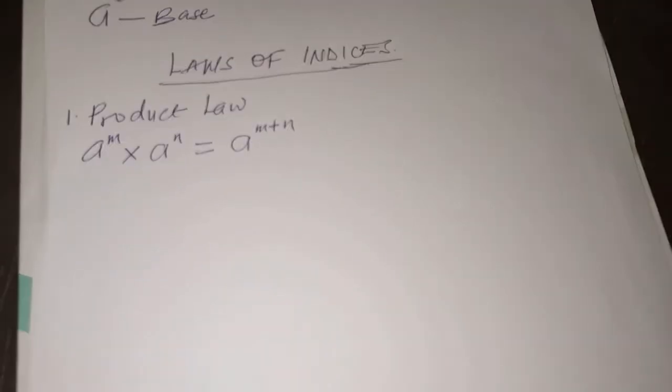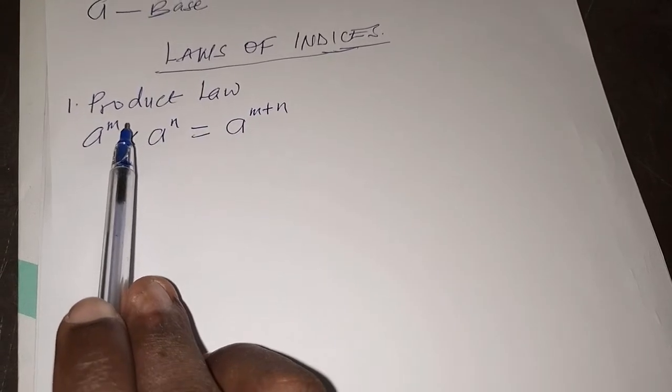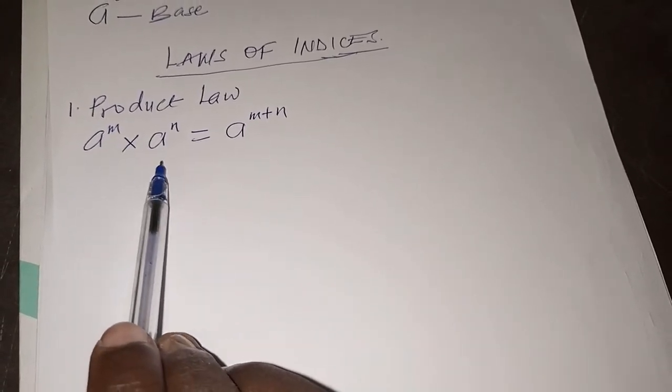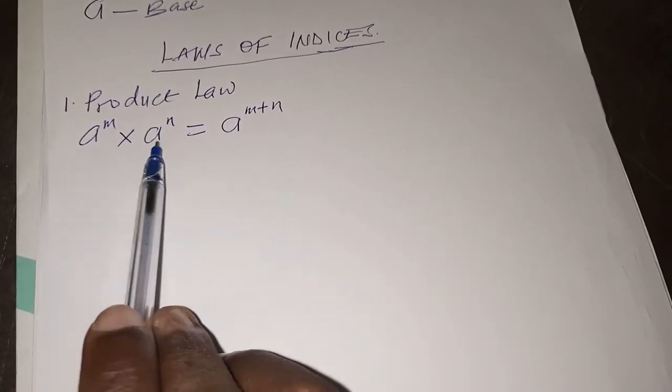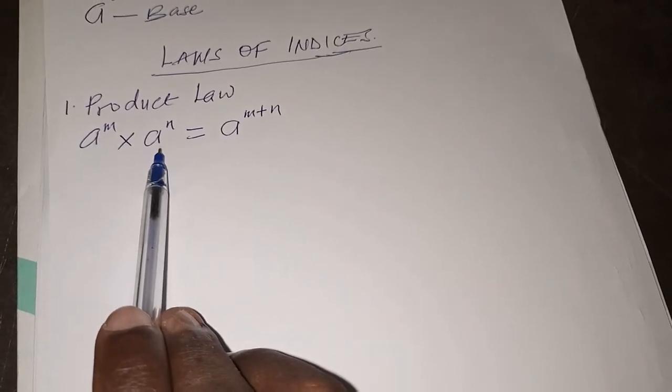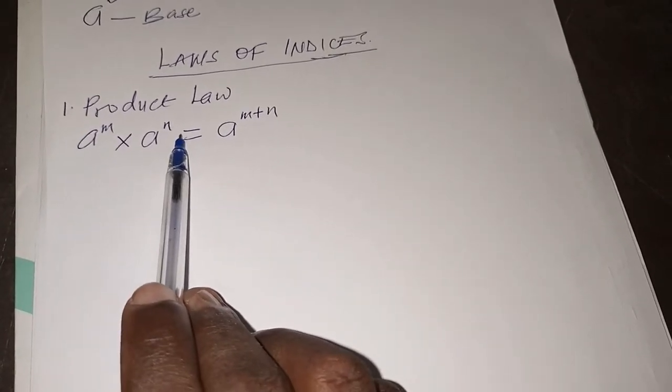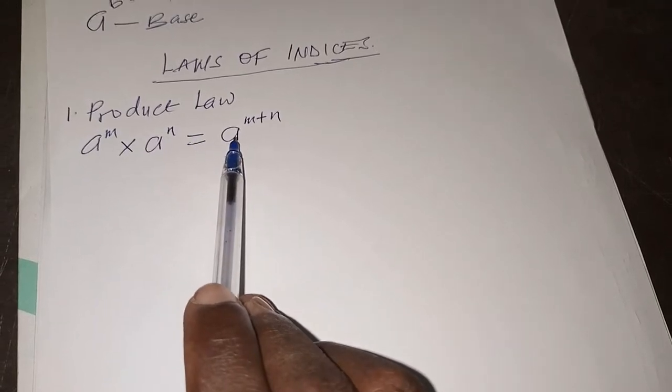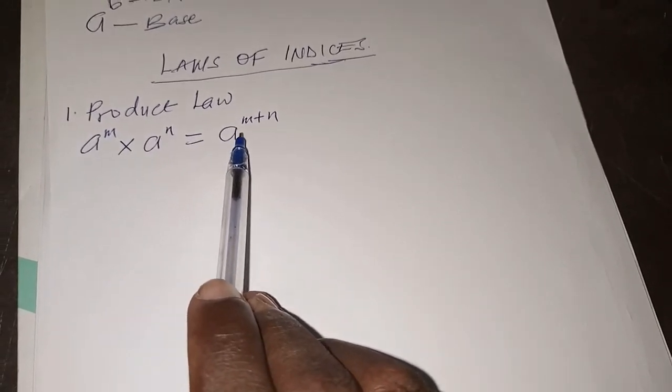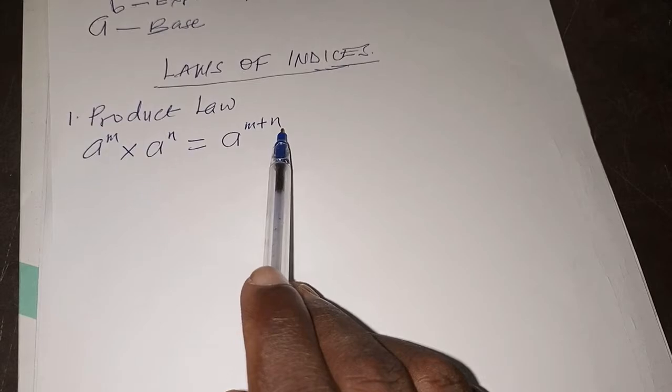This is what it means. It means that if you have a number carrying an exponent times the same number, remember A is here, the same A is here, the answer you will get is the same as you keeping the base and adding the exponent.